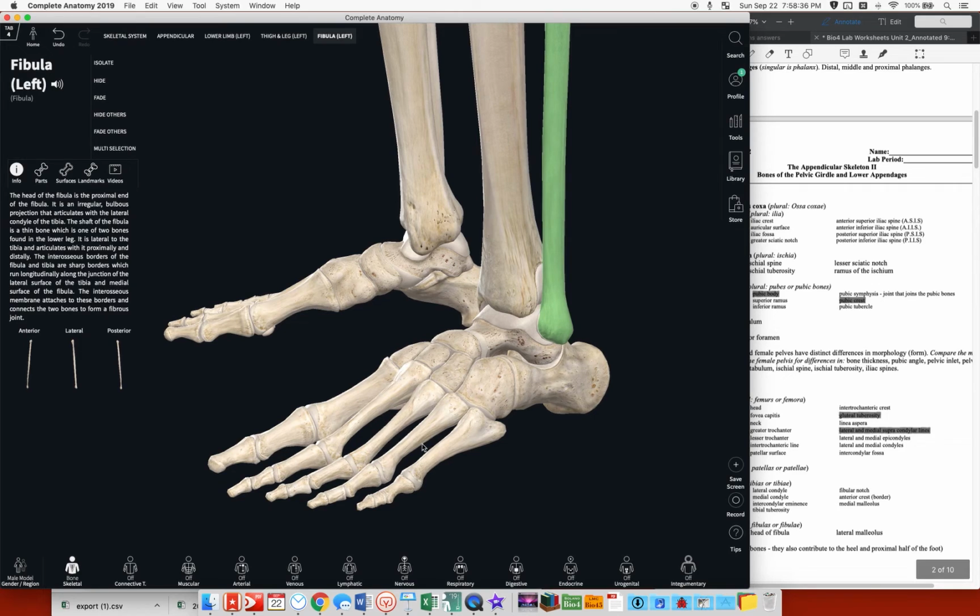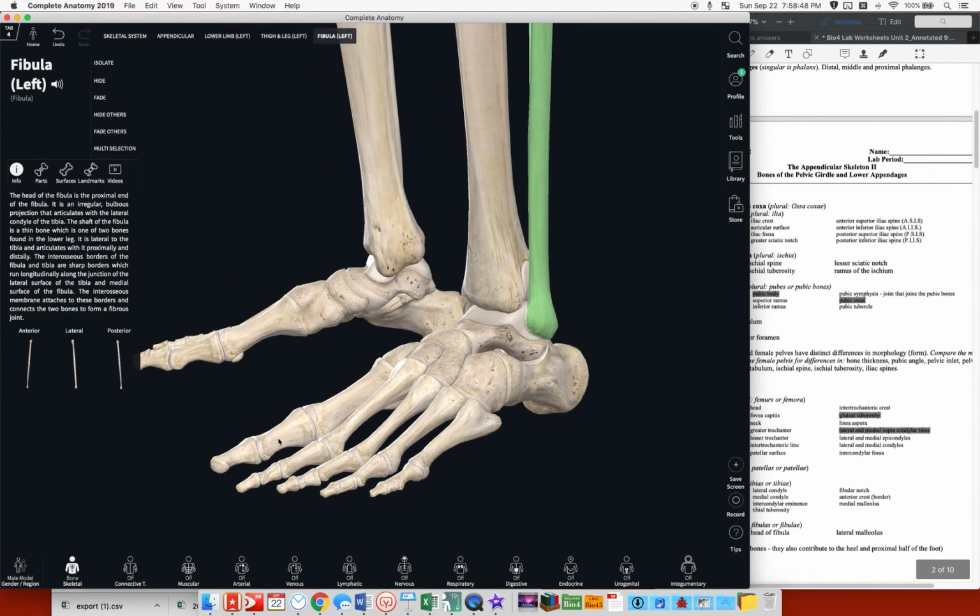These are the metatarsals. First metatarsal of the left foot, second metatarsal of the left foot, and so on. Your big toe has two phalanges, a proximal and a distal.